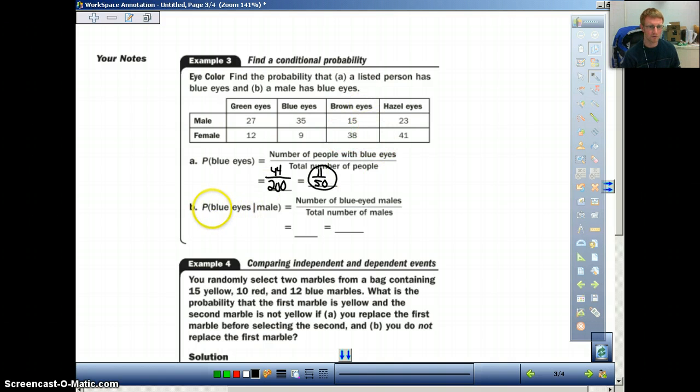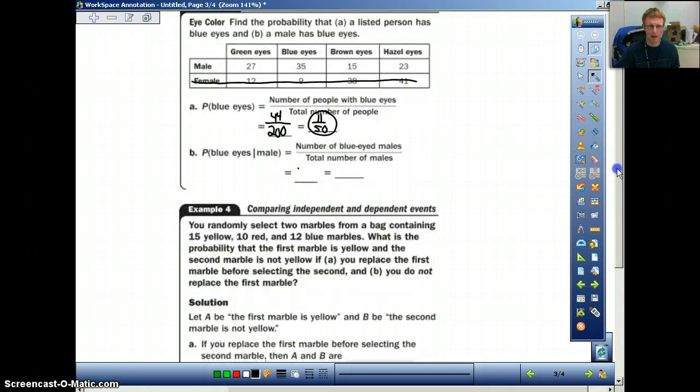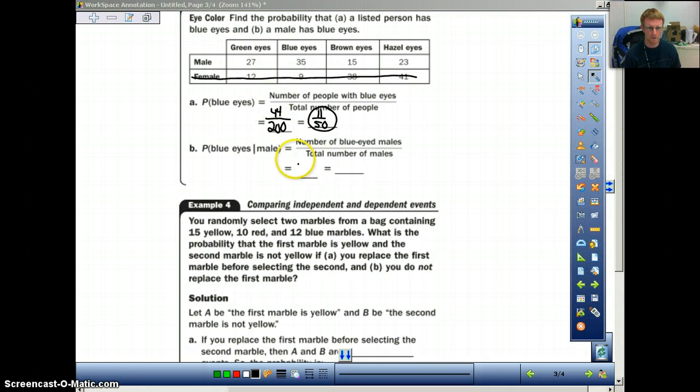But let's talk about this. It says, what's the probability of blue eyes given that the person is a male? That changes things, because now we don't even need to worry about the female column anymore. We only worry about the male column. So we look at 35, which is the number of males that have blue eyes. That's what we write here: 35. And on the bottom, it's just the number of males.